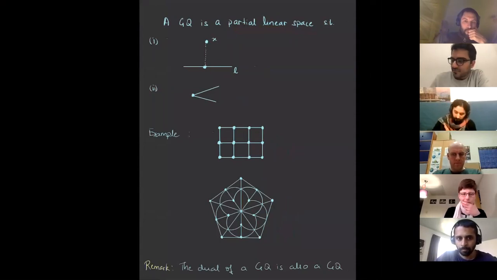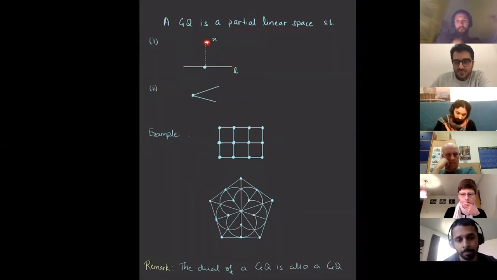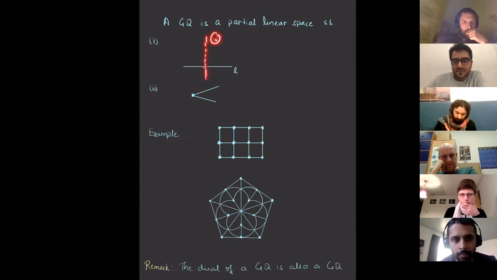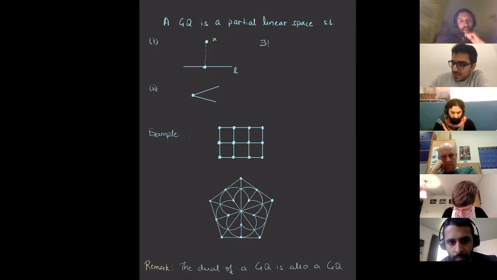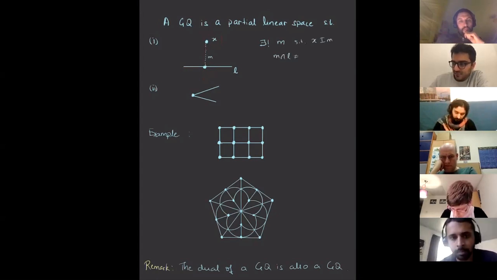The first axiom says that if you take any line L and any point X not incident to L, then there exists a unique line through X that meets L. So there exists a unique M, such that X is incident to M and M intersection L is non-empty.